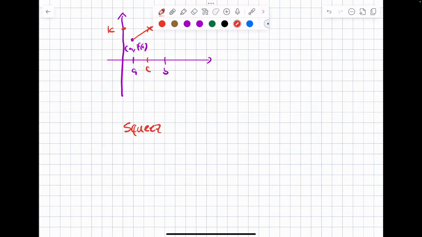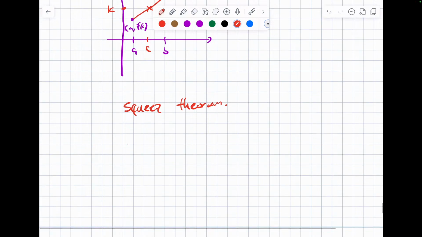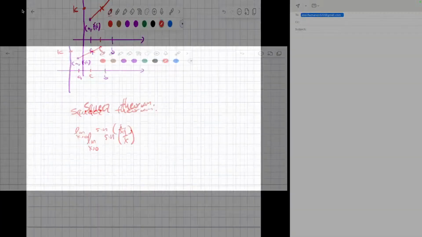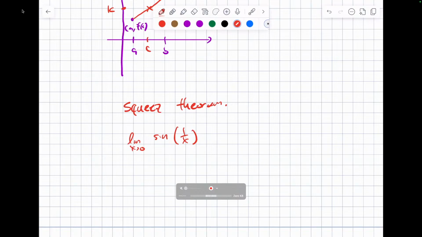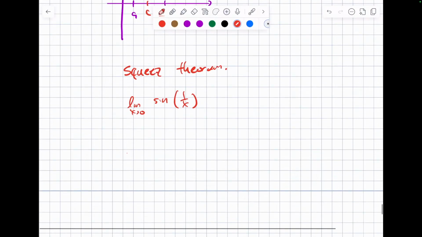Squeeze theorem. Remember that function, the limit as x approaches 0 of sine of 1 over x? What does that function do? It oscillates between -1 and 1, and it oscillates faster as it goes towards 0. But then you say, okay, how about this function?